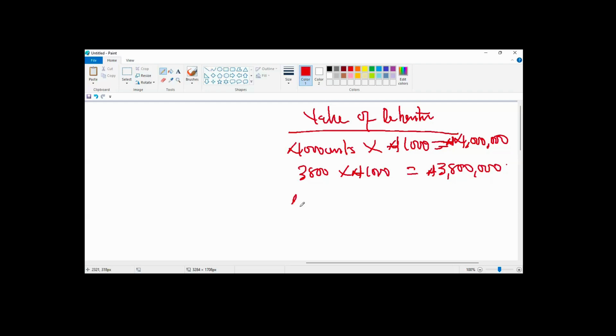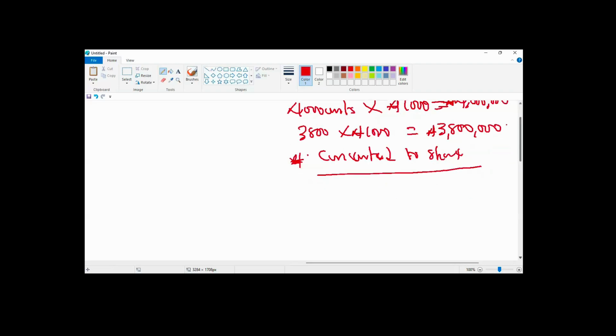So converted to shares, the 3.8 million times 10 ordinary shares over 1,000.